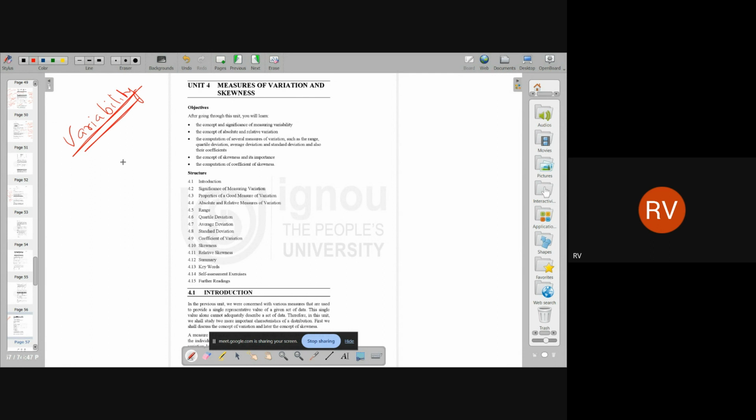For example, in a class there are 6 students. There are 3 students whose marks are 6, 6, 6. The average marks is 6. Then 5, 6, 7: the average is also 6.